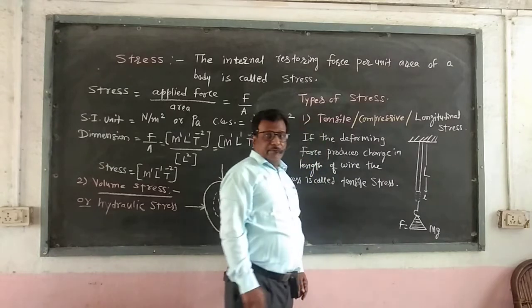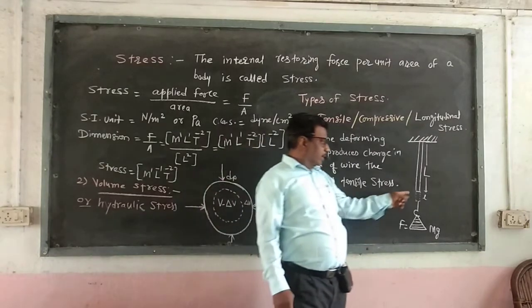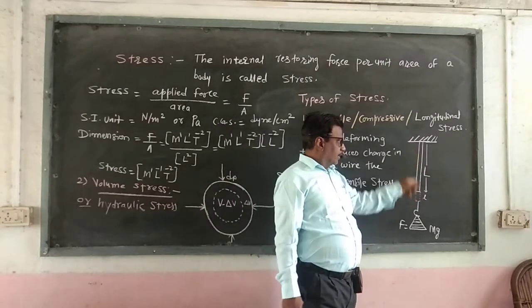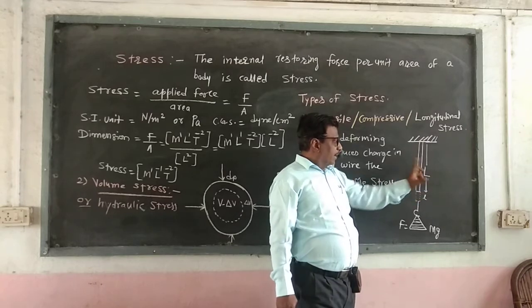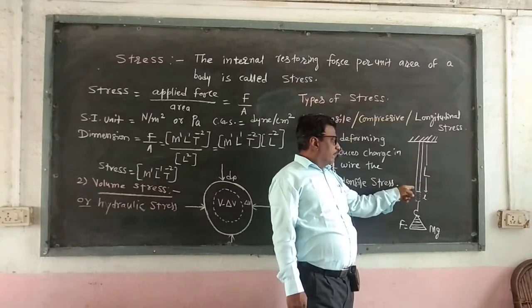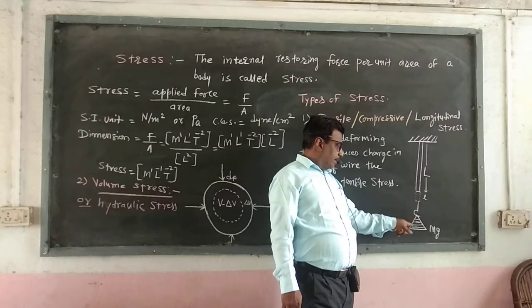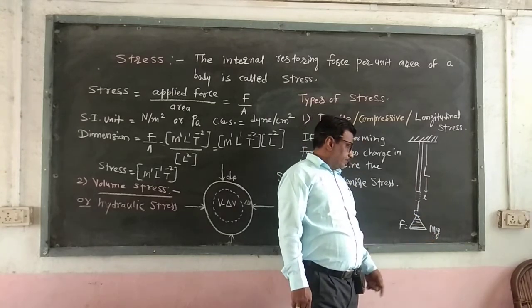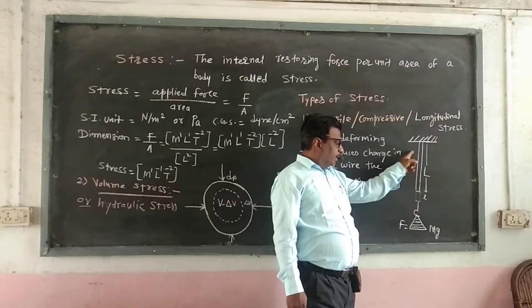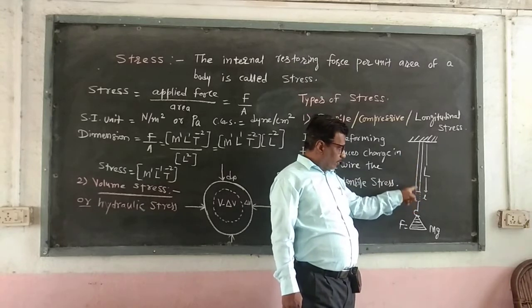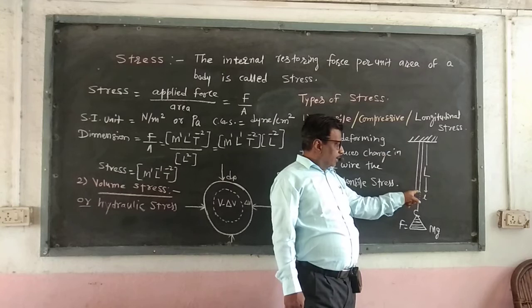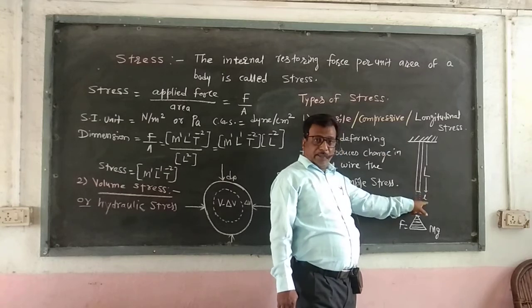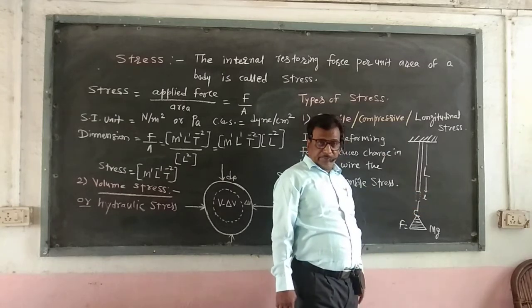In that diagram we take a rubber or a wire having length capital L. When this wire is loaded with some weight mg, what happens? The length of that metal wire changes. There is an increase in its length, small l is the increase in its length.